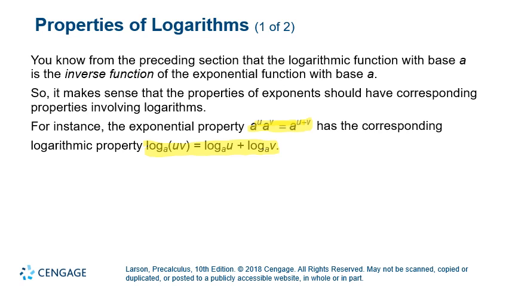So for that reason, with the logarithmic property, we use the same theory. When we multiply two things together with the same log base, we add them. And this is what we call expanding, because we've taken the expression on the left and we've expanded it. We've applied the log to each term.